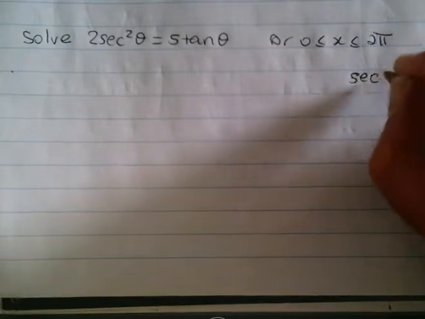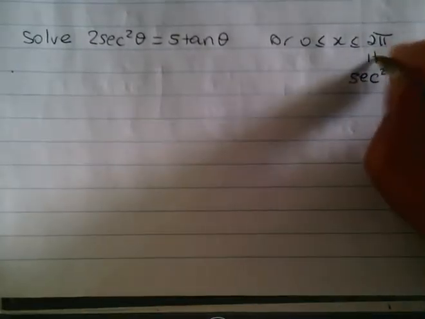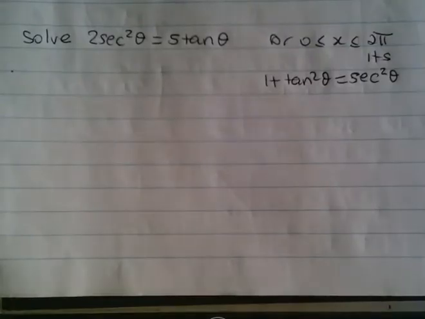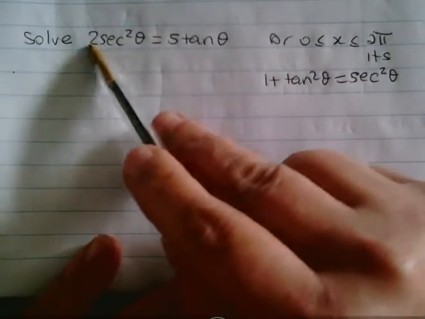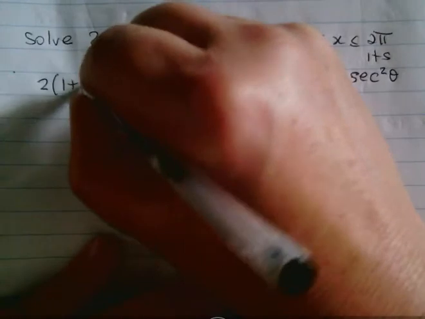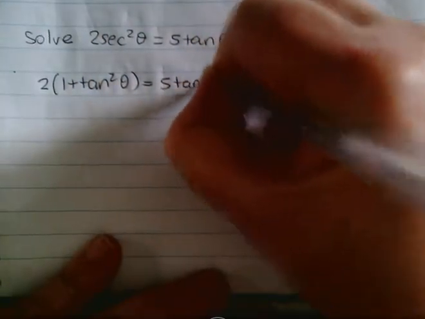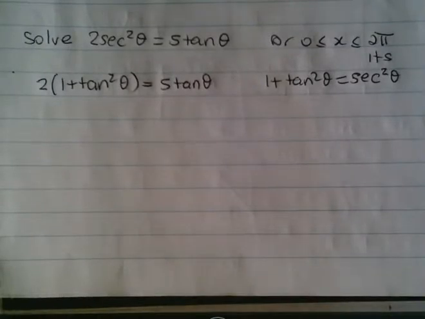However, we do know with our little thing, it's that 1 plus tan squared theta equals sec squared theta. So what we're going to do is replace this sec squared theta with 1 plus tan squared theta. So I've got 2 bracket 1 plus tan squared theta equals 5 tan theta. Now we do have a quadratic, but we need to take it all to the left hand side and put equal to 0.